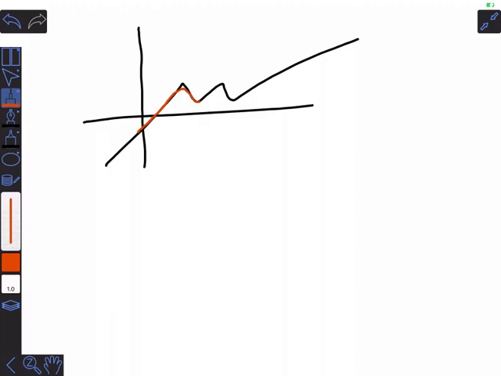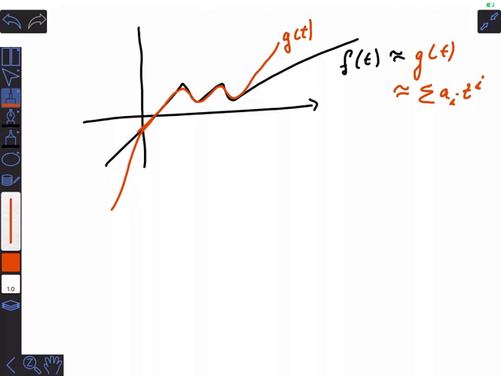I will approximate this by a polynomial using Taylor series expansion. That's the idea behind Taylor series: I have some original function. If you remember anything about the concept of Taylor approximation, that's what you should remember.